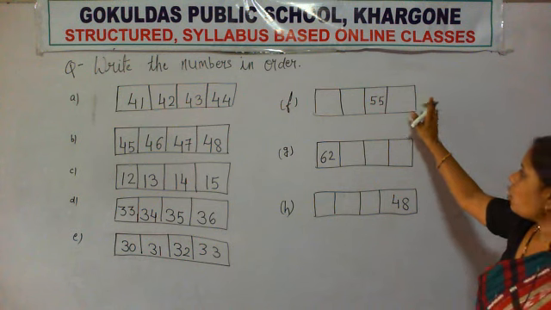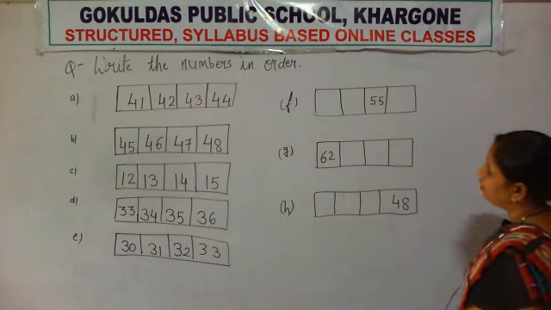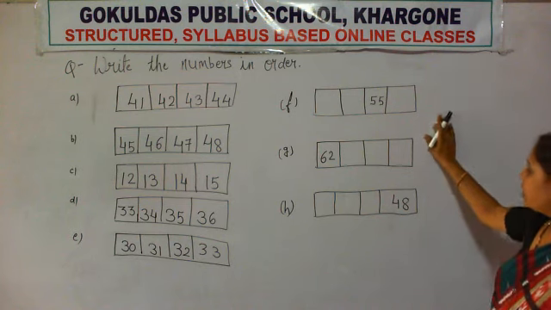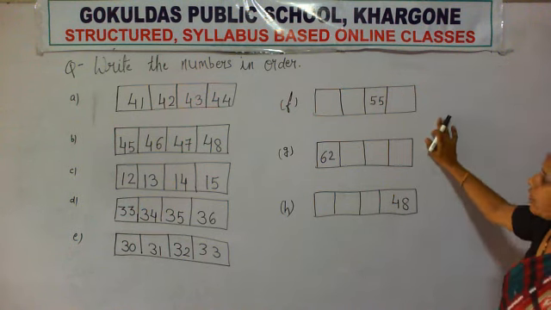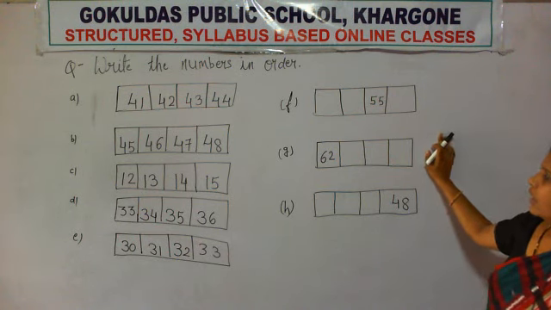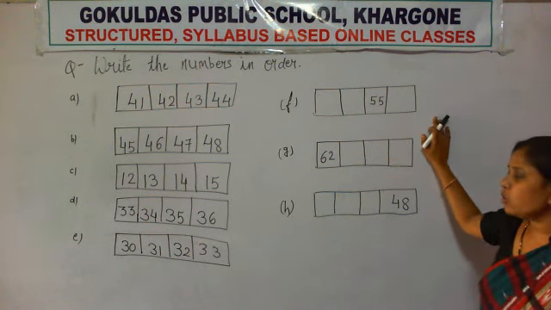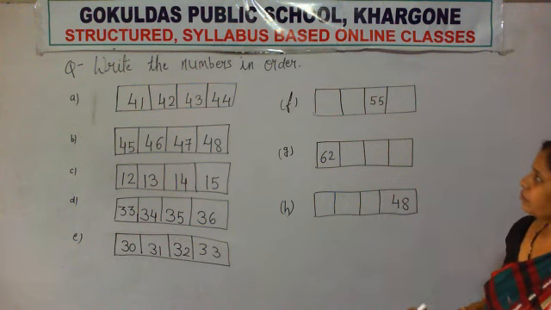You have to fill the boxes of these 3 questions and write the numbers in order. Do these 3 questions yourself. Copy the questions fast from the board, because these questions are not given in your book. These are extra questions that I have given you to solve.